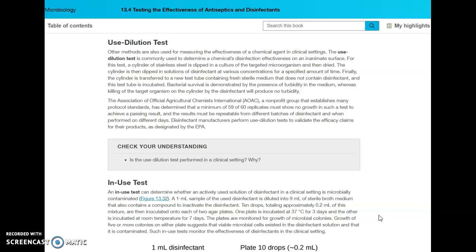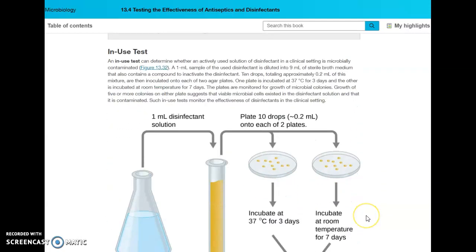So if you look at products that you buy, and they say they kill this 99% of the time, or they kill this after 10 minutes, or this after a certain concentration, then what they've done is these use dilution tests, and then gathered all of that data so that they could put it on the label of that product to talk about how it works.